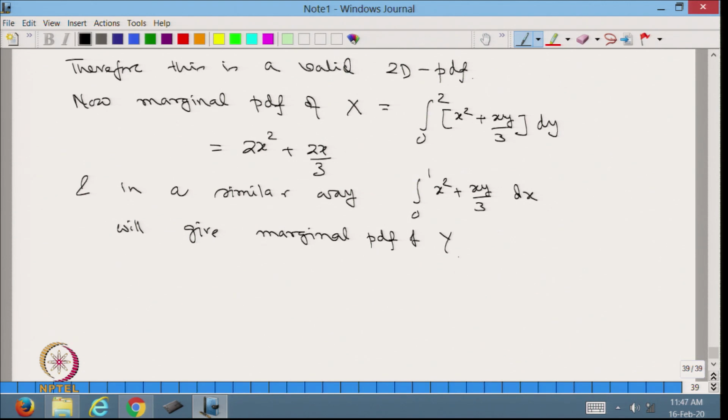With this background, we shall now study certain properties of joint distribution.